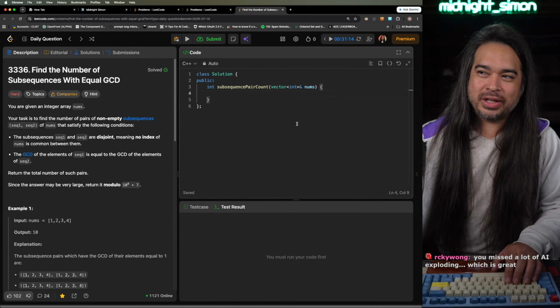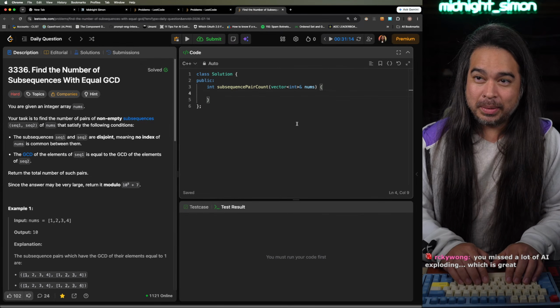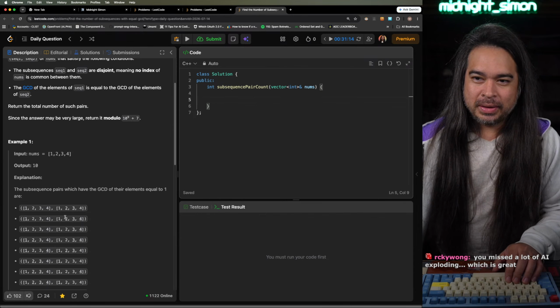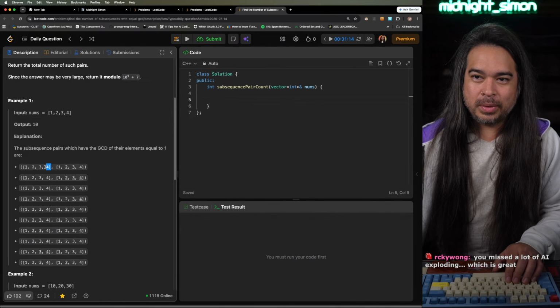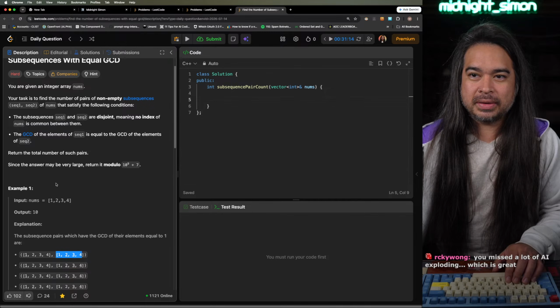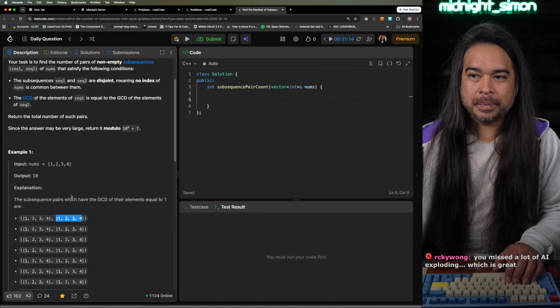Anyways, I'm gonna try and solve this, but I don't know if what I'm thinking is right. So one pair, either or. It's a subsequence. Wait, what?